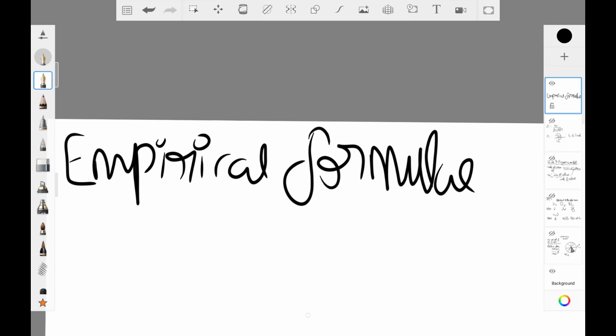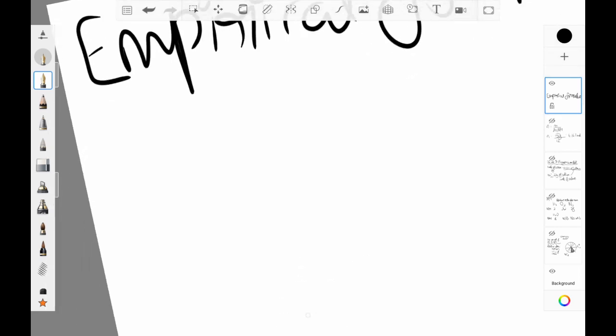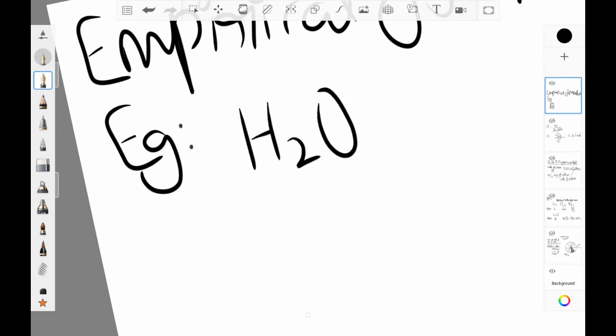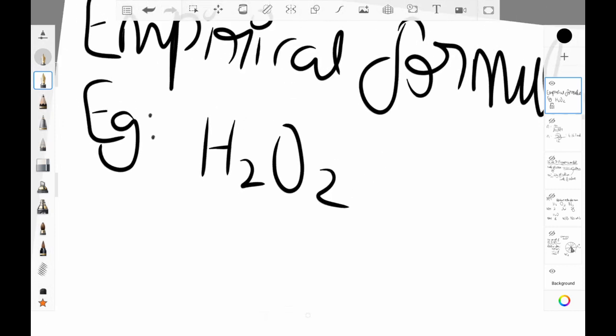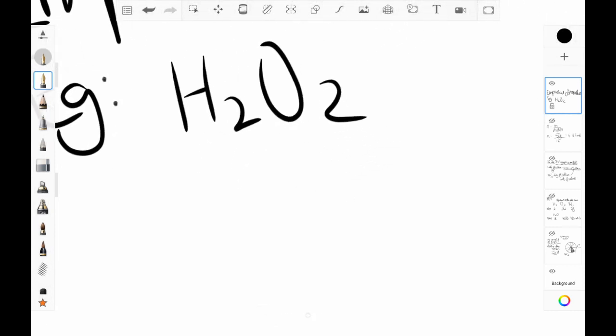So for example, hydrogen peroxide is H2O2. It exists in nature as H2O2. However, you can simplify this ratio as just HO. Now, hydrogen peroxide doesn't exist in nature as HO, but this is the simplest ratio that you can use to represent it.